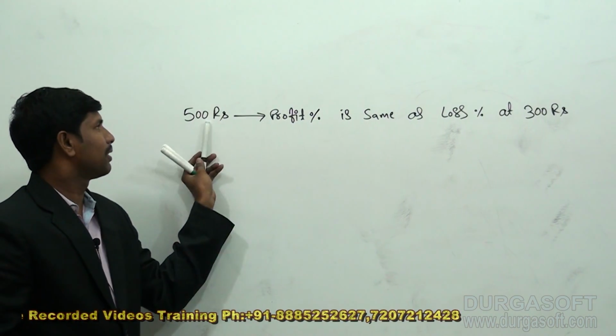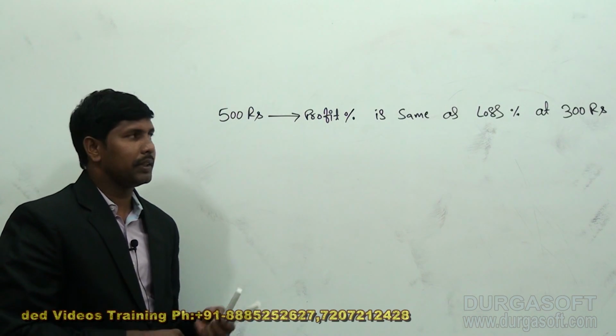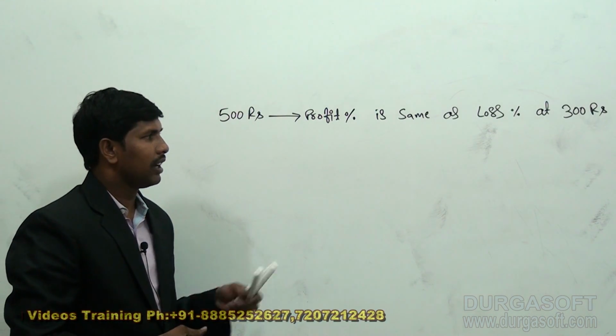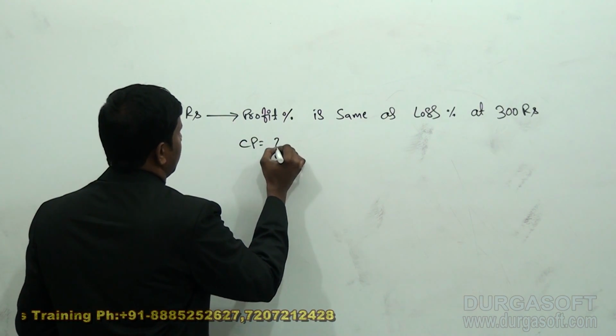Profit percentage at 500 rupees is the same as loss percentage at 300 rupees. Now we should calculate the cost price.